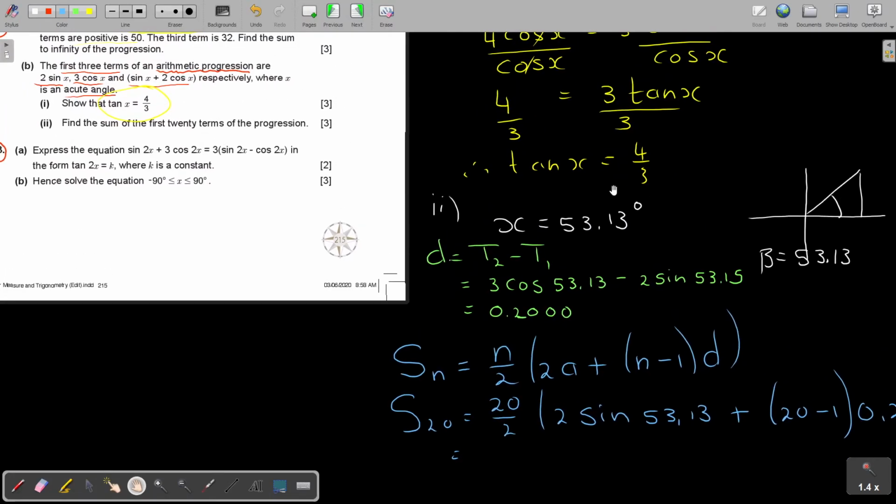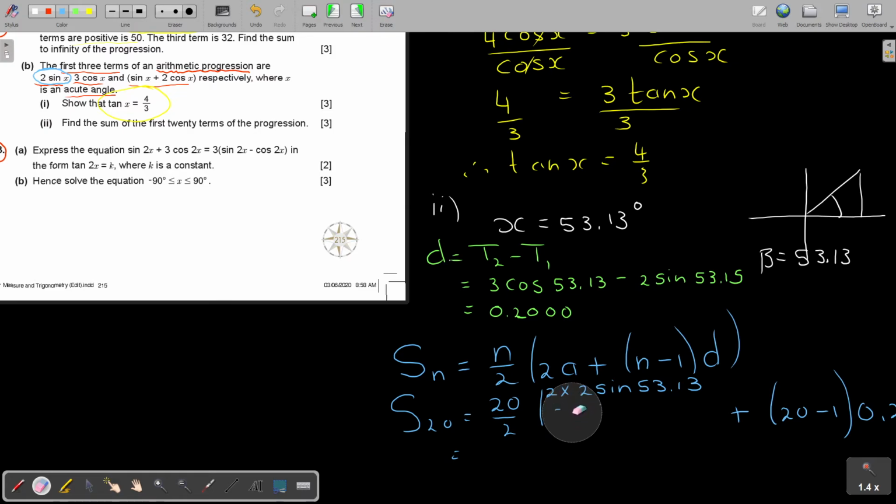Maybe you already picked it up. a is this, and it's 2a. That is a. So it's just 2 times 2 sin 53. So please be careful. Did you see my mistake? I forgot to add that extra 2.